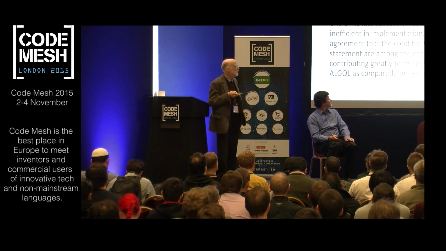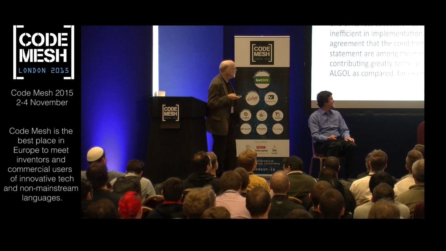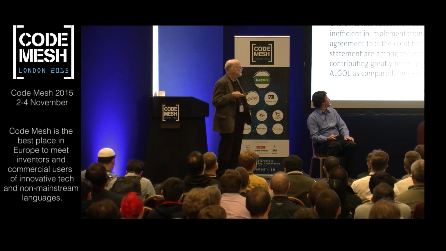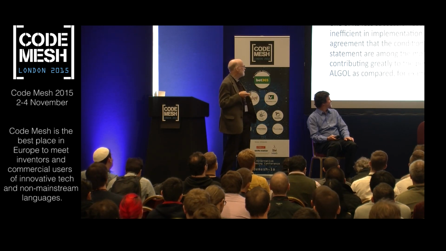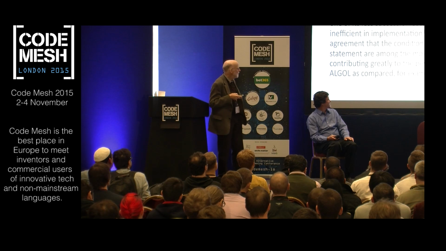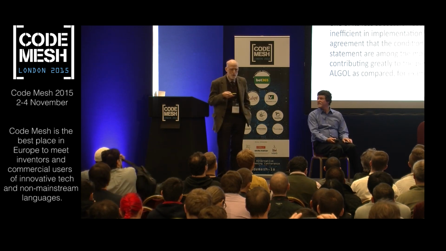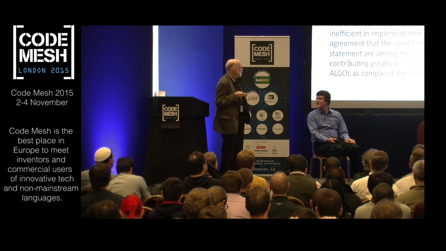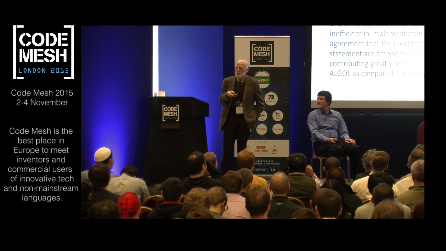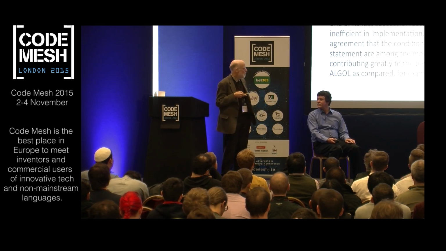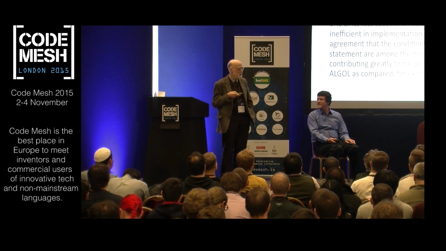I hadn't spoken to anybody about it before. But the conditional expression and the conditional statement, which only had just two alternatives, were among the most attractive features of the language, contributing greatly to the perspicuity of programs written in Algol as compared with, say, Fortran, which was the great rival of Algol in those days.